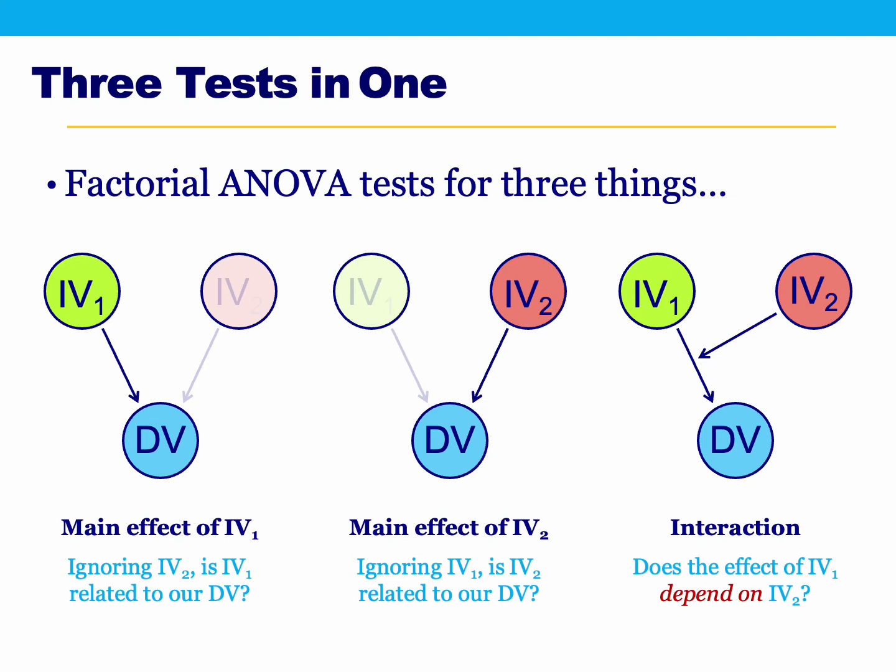And lastly, we have something called an interaction. So whenever we test for an interaction, the question that we're asking is, does the effect of independent variable 1 depend on independent variable 2? So I'm going to walk you guys through an example that will hopefully make this a lot more clear.